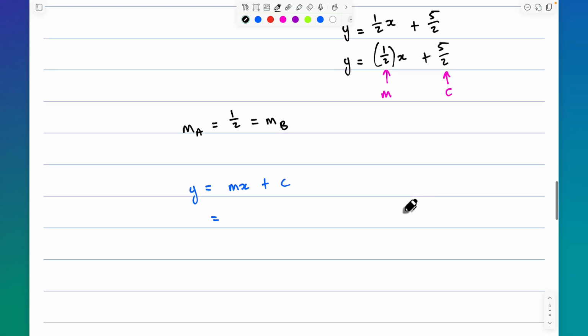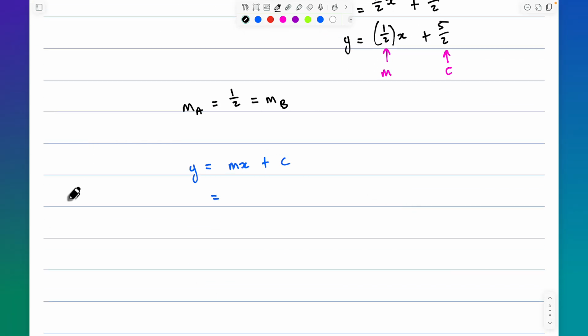Okay, so what we're saying is, at the point 3 and 3, we now have y. We're basically plugging in these coordinates. Your y value is now 3. Your m value is a half, as we saw over there. Your x value is 3.